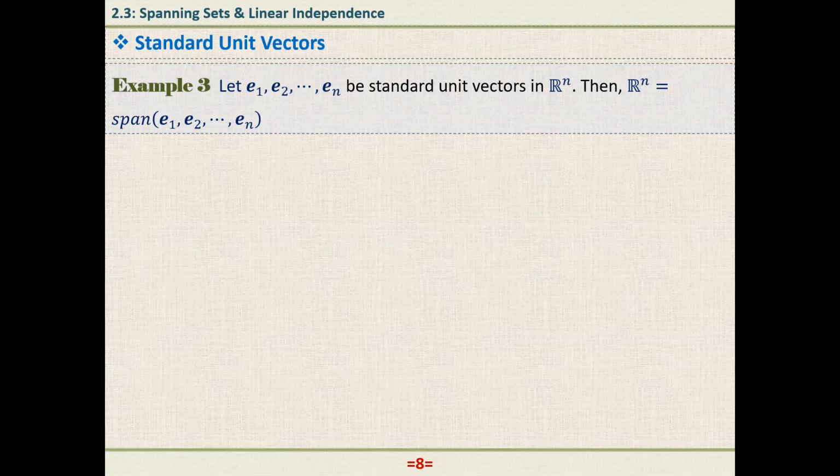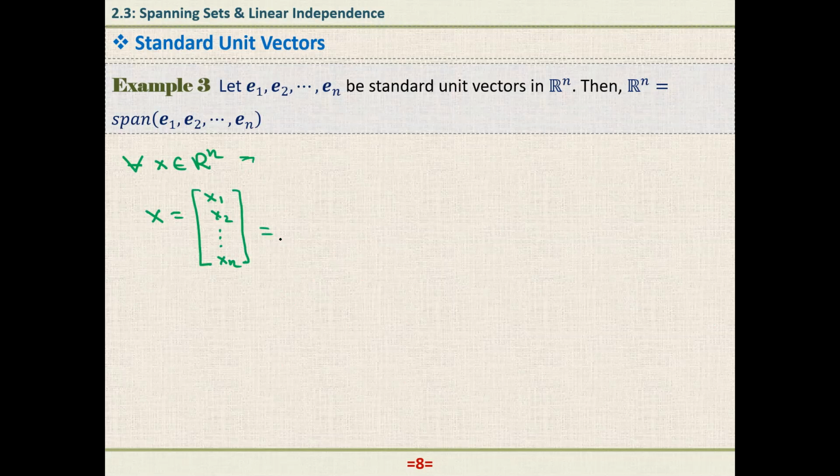Right? Why is it so? Again, if you just pick any vector X from Rn, it has n components. So here we have x1, x2, dot, dot, dot, xn.